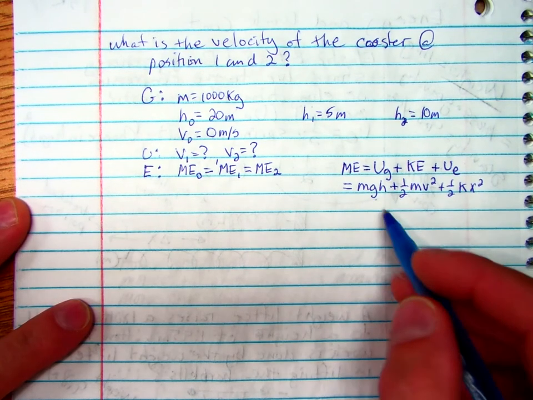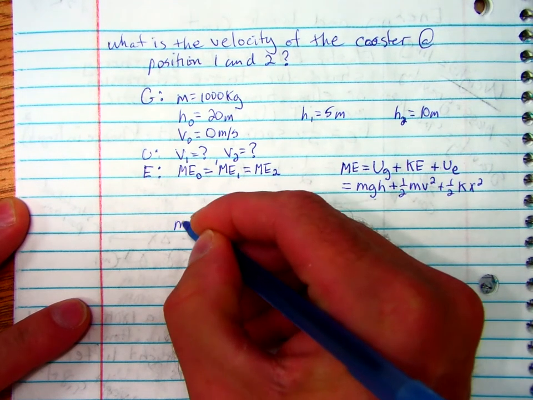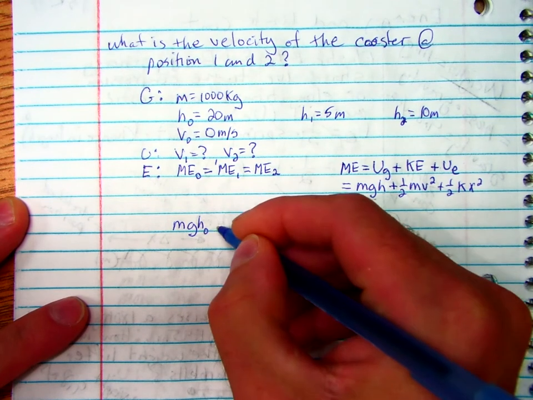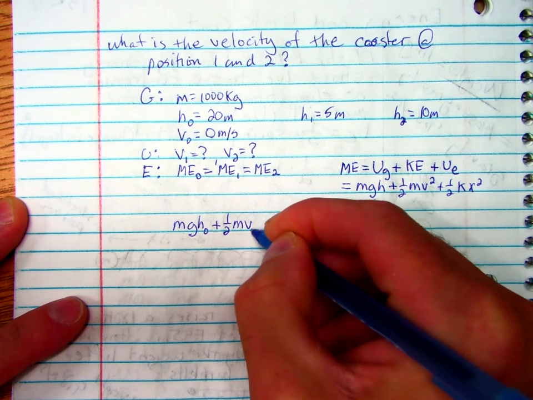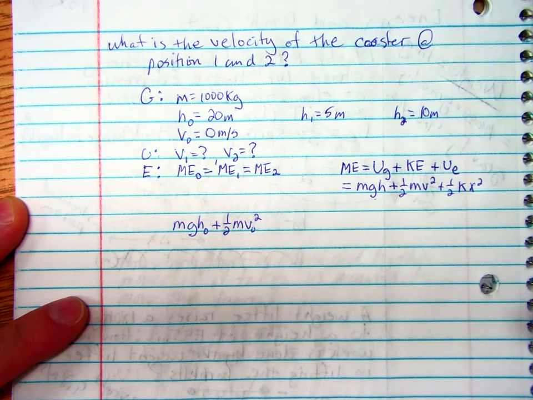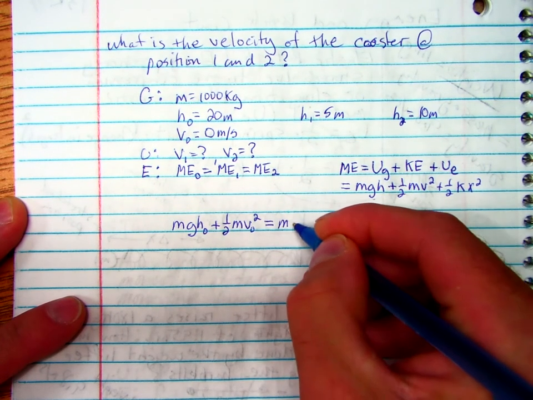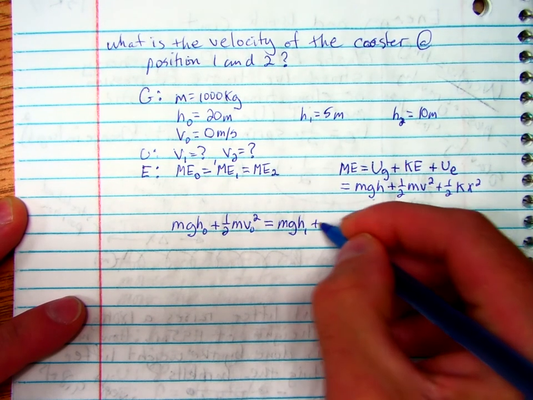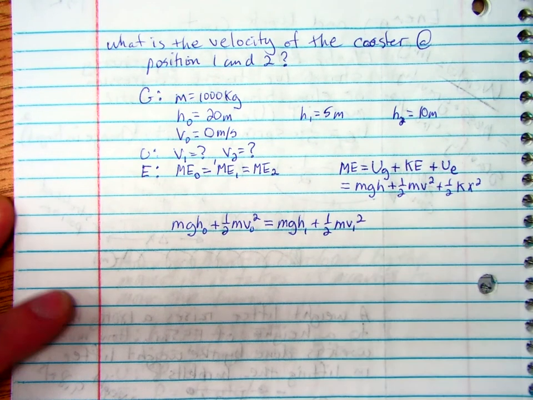Okay, so for position 0, we have mgh0 plus 1/2 mv0 squared. For position 1, we have mgh1 plus 1/2 mv1 squared.